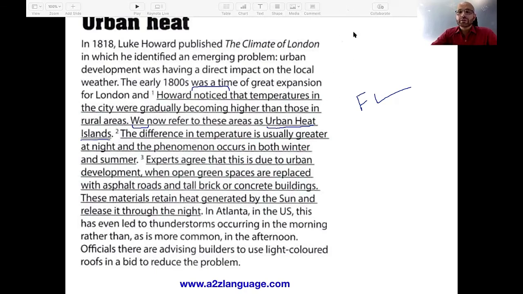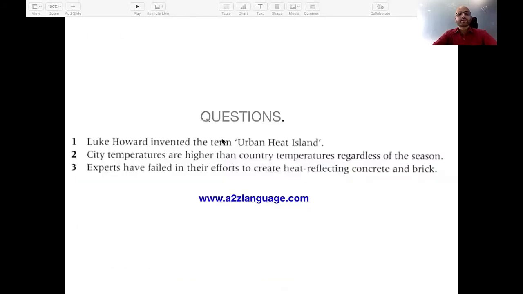Coming to the next question. City temperatures are higher than country temperatures regardless of the season. It seems pretty much easier if you understand the concept. Let me just go a little bit slow. City temperatures are higher than country temperatures regardless of the season.